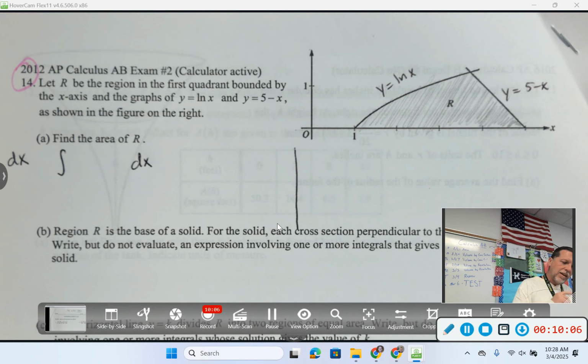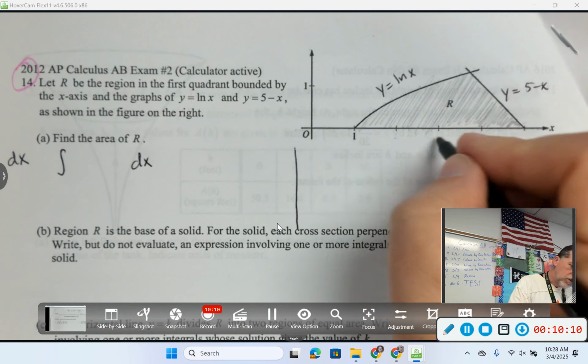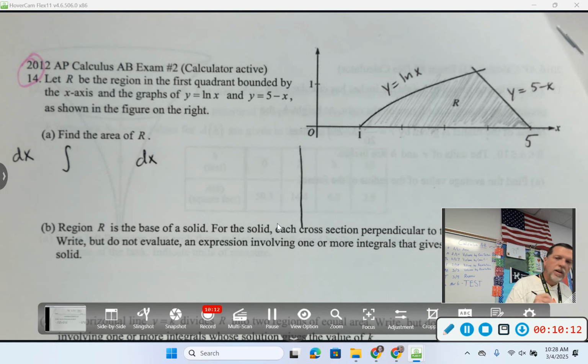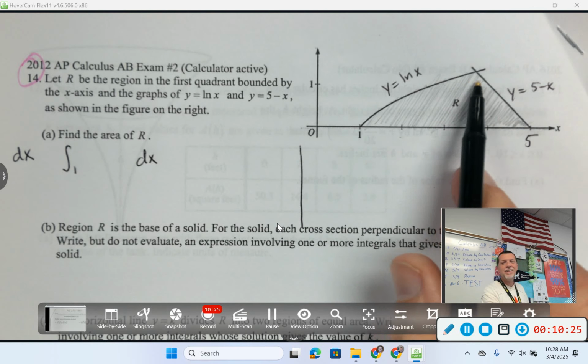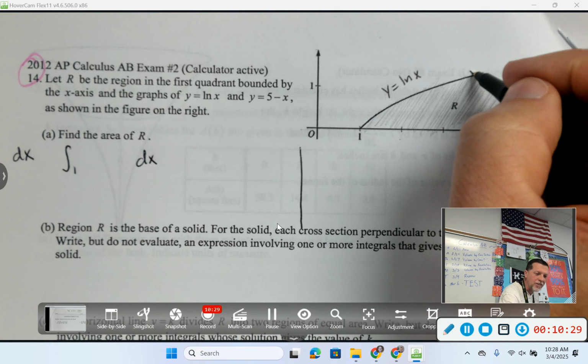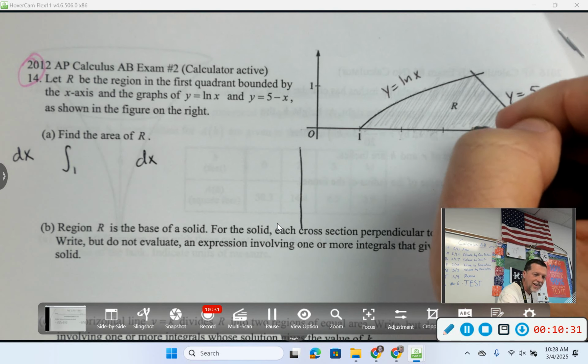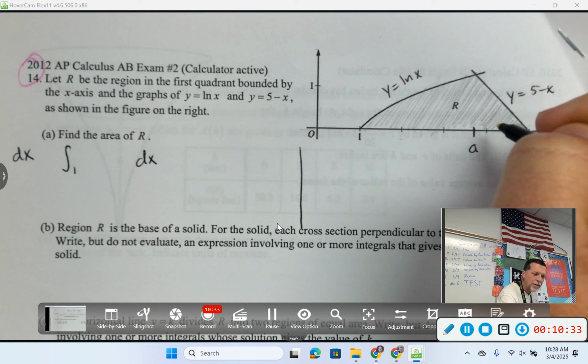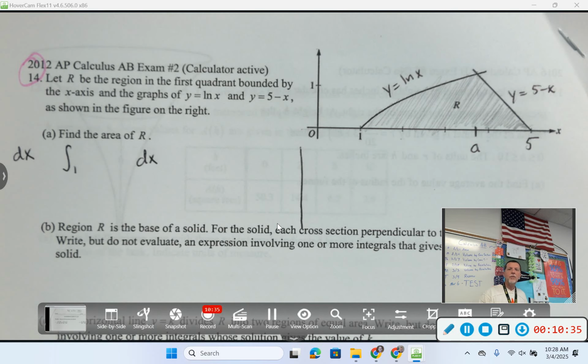Dx. What will my limits be if I'm doing dx? One to what? Yeah, I mean, I want to go all the way from 1 to 5, but something's going on right here. The intersect, we'll call that A. And what happens at A?